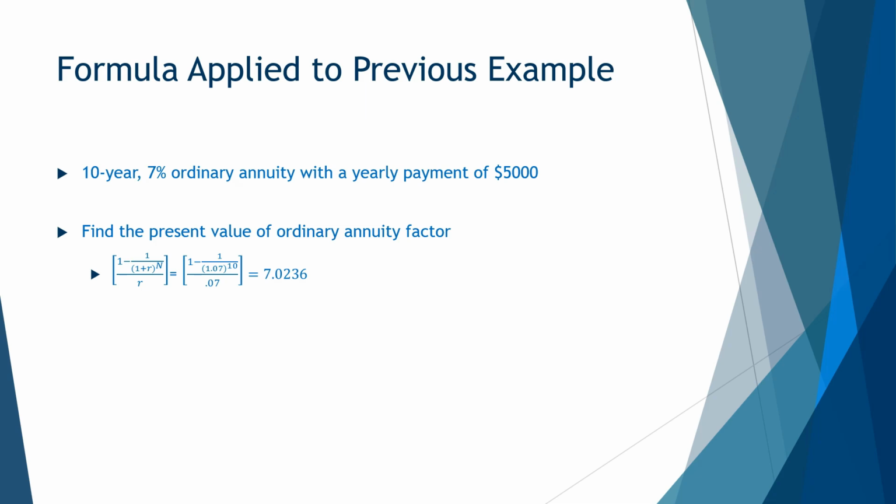We plug those variables in and we get an annuity factor of 7.0236. We're just going to multiply that annuity factor by the payment, and we get our 35,118. So we get the same answer as we got when we discounted those cash flows one by one.